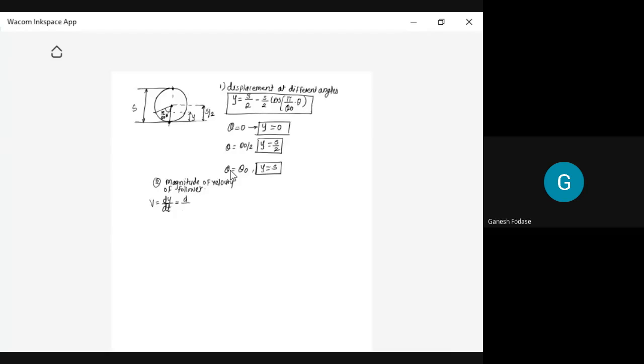So d by dt of y. How much is y? It is s by 2 minus s by 2 cos of pi upon theta o into theta. So just derive this and get the expression for velocity. All of you please do this and tell me the equation. I will wait for 2 minutes.